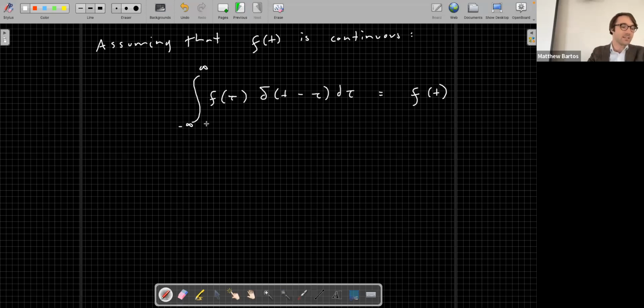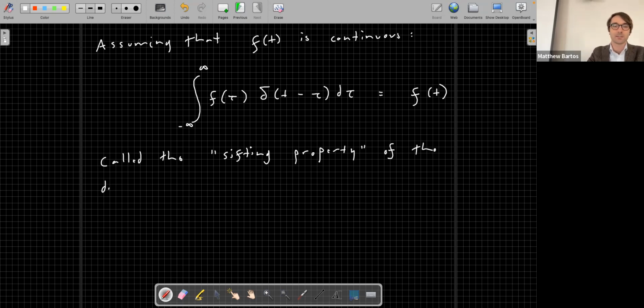Okay, so this is called the sifting property of the Dirac delta. If we take the integral of a function times the Dirac delta, shifted by some time tau, we get back the function evaluated at time t.